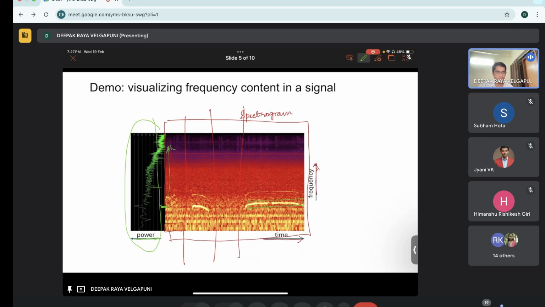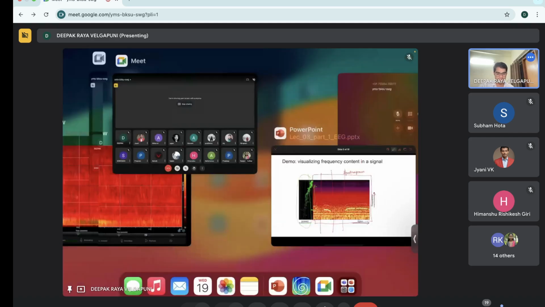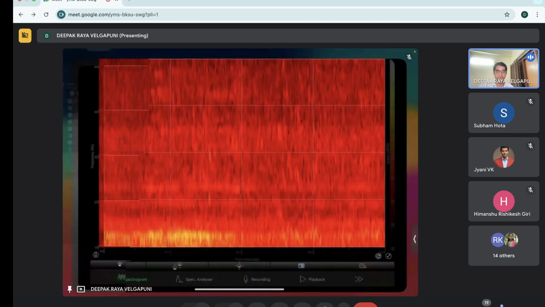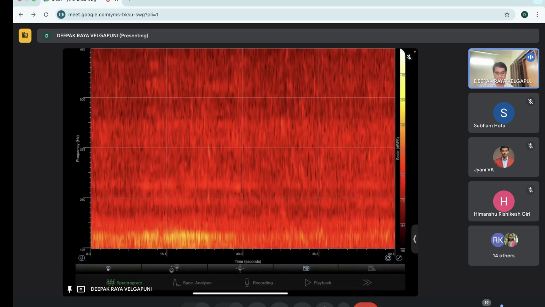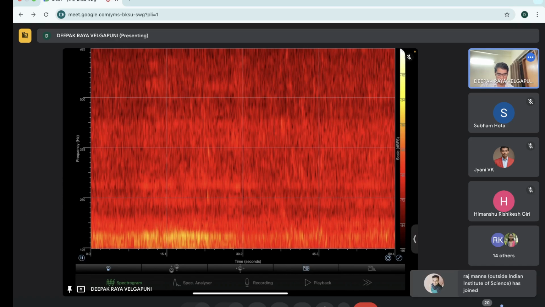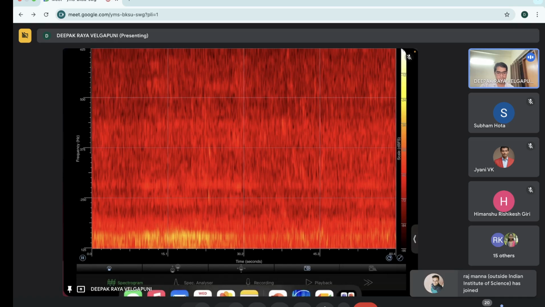So I'll show a demo on how we can interpret. This might be a little fun, but let me see how to do this. Is the plot visible on my screen? Is this not moving? I'll just reopen it.